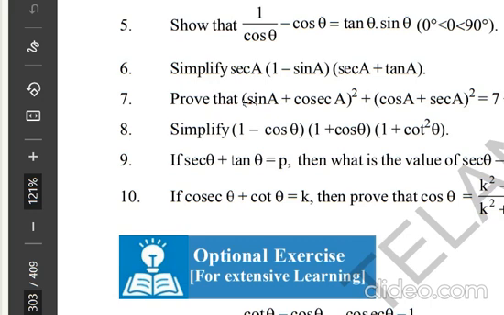This is in the form of a plus b into a minus b, which is 1 square minus cos square theta, into 1 plus cot square theta. So this is sin square theta into 1 plus cot square theta. So multiply this sin square theta with this.